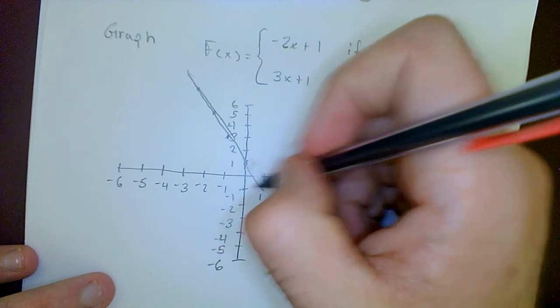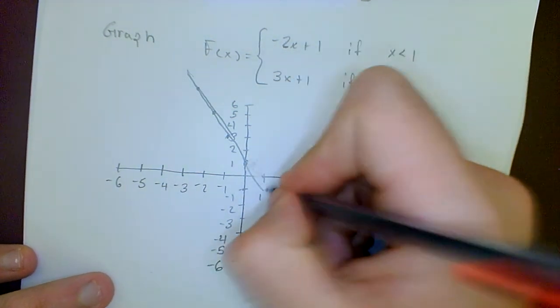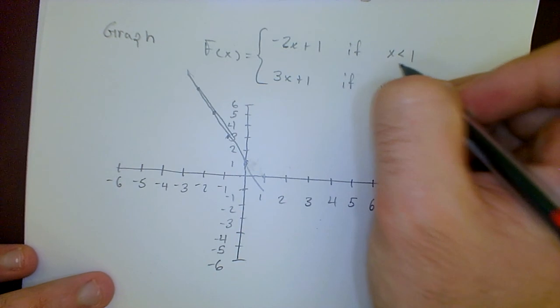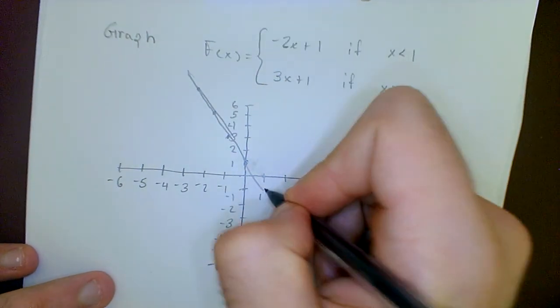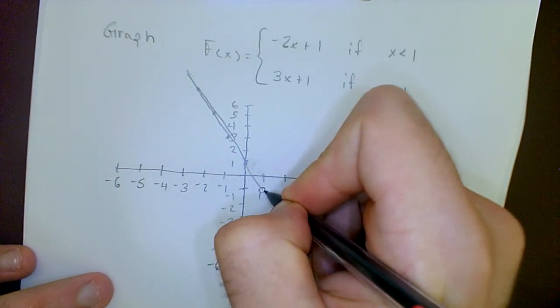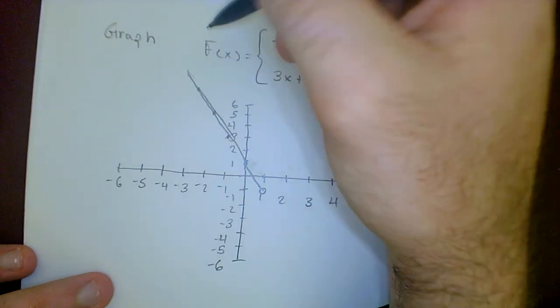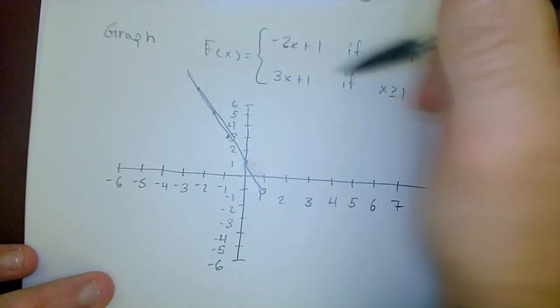You're going down 2 over 1, because it's a negative 2 slope. But the problem is we don't want to include 1 in this function, so we put a circle here. That means we don't include it. If I wanted to evaluate f of positive 1, I would use this definition.